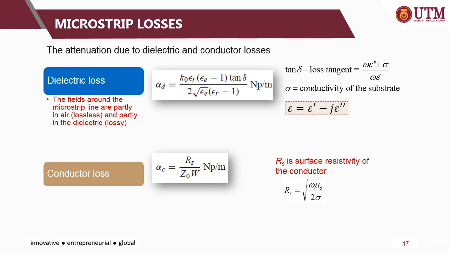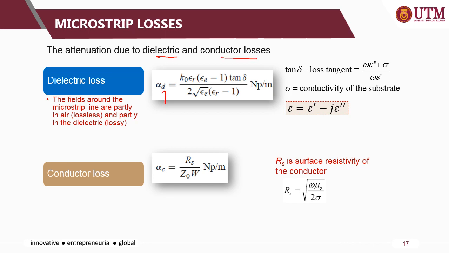In practice, there will be some losses due to the property of the dielectric materials where the microstrip metal is placed on, and also the surrounding environment. There are two common losses in a microstrip transmission line, which are the dielectric and the conductor losses, which can be estimated.